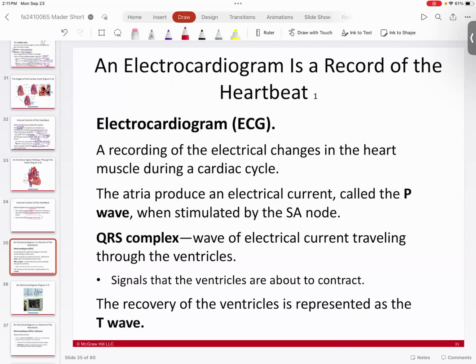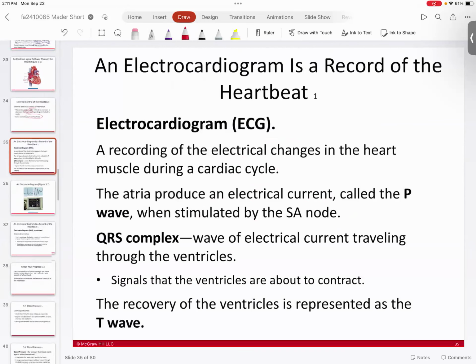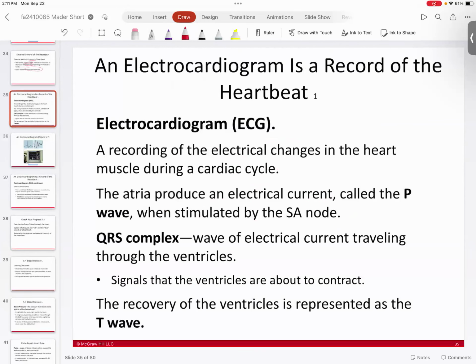Okay. So now one way that we monitor heart rate is by using what's called an electrocardiogram. And so an electrocardiogram basically is essentially a graph of the electrical changes that are occurring when your heart, your SA node in particular, is sending out these electrical signals to the rest of your heart to contract during your cardiac cycle. Now, generally speaking, when we take a look at an EKG, we have a couple of different waves, right, that essentially correlate with specific things.